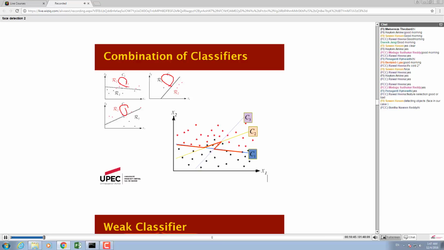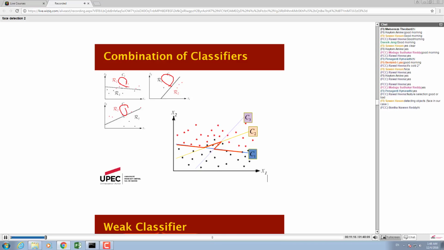We want a detailed and good classifier, but every single classifier doesn't generate good results. They have some error. To make a more precise classifier, we can combine all three classifiers, as you can see in the bigger graph at the bottom right corner.